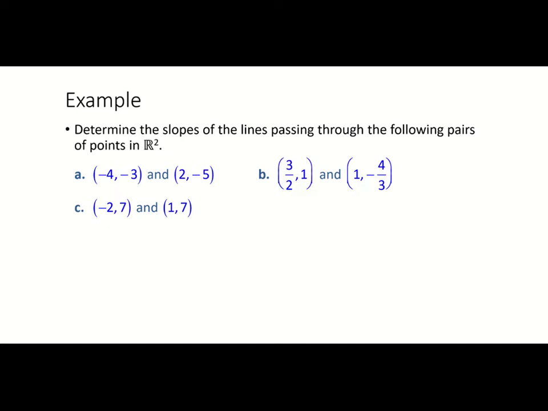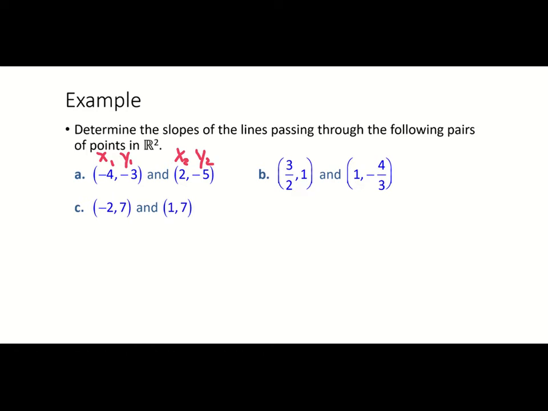Okay, so we are going to calculate the slope of these 3 lines, examples A, B, and C. For each example, I have 2 ordered pairs, and remember, each ordered pair consists of an x and a y value. It doesn't really matter what you call x1 and y1, as long as you keep your 1's together and your 2's together.